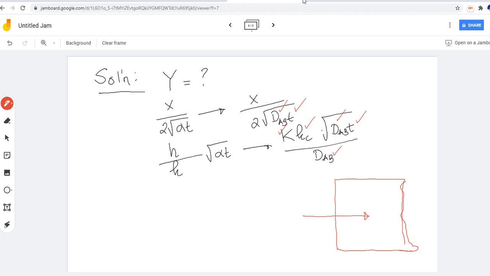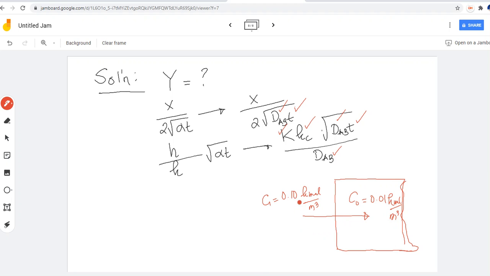So your bulk solid, as mentioned in the problem, has a concentration. So we know that the direction of diffusion is from the bulk liquid. It's because this one is of higher concentration. So this is 0.10 kilomole per cubic meter, whereas this infinite solid is only 0.01 kilomole per cubic meter.